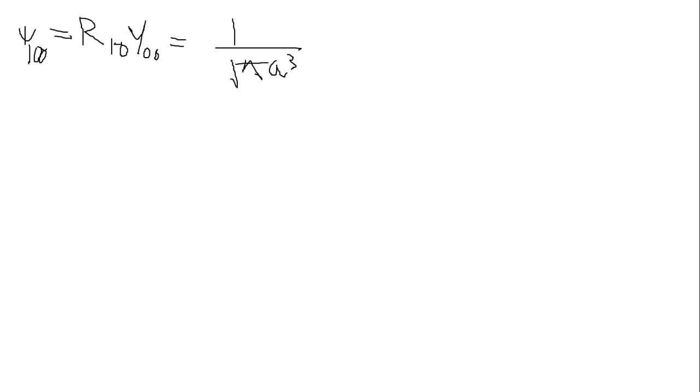The total ground state wave function is psi 100, that is psi NLM, equals R10 into Y00, which equals 1 by root of pi a cubed, e to the power minus r by a.